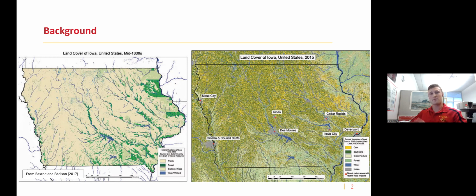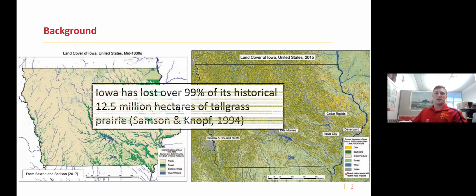Fast forward 150 plus years, and much of that tan has been replaced with the dark green and yellow color, which represents corn and soybean row crop land. So in fact, there's been a dramatic landscape change in the state, and Iowa has lost over 99% of its historical 12.5 million hectares of tallgrass prairie.